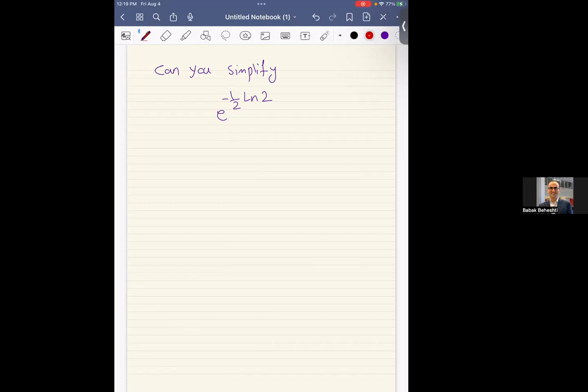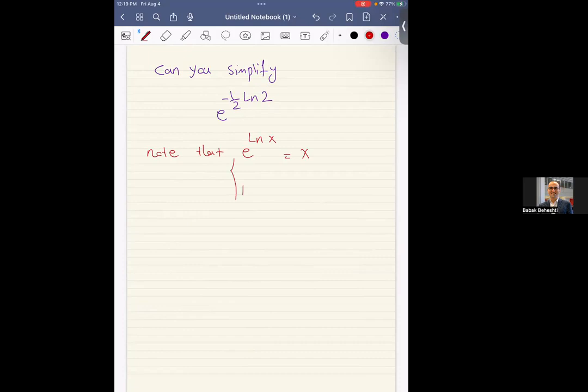Here is something that I didn't tell you, but I'm going to tell you about the composition of two functions: e to the power ln of x equals x. So when you compose a function with its inverse, you get x.